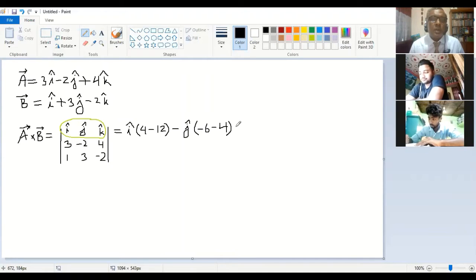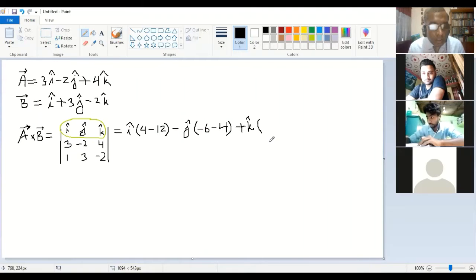And then the third part, plus k. Plus 3 plus 2, which is 9, then plus 2. So this is the last part.